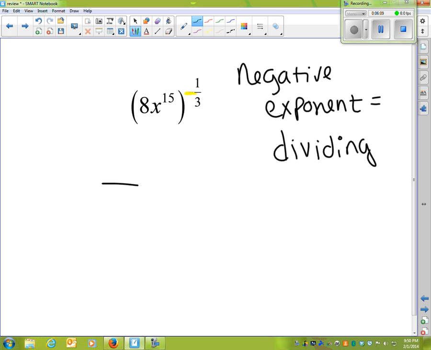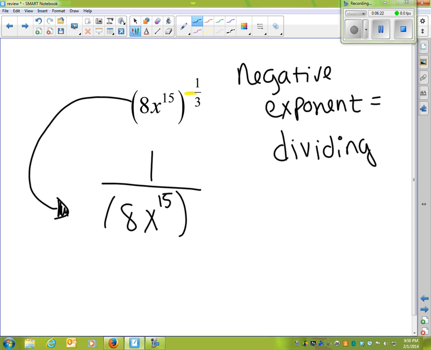So to deal with it, making it a positive, I take this entire term and move it to a denominator. This is 8x to the 15th, still to the 1/3 power. But now because I've divided it, I've changed it into the denominator, it's a positive 1/3. In dealing with exponents, you have to have positive exponents.